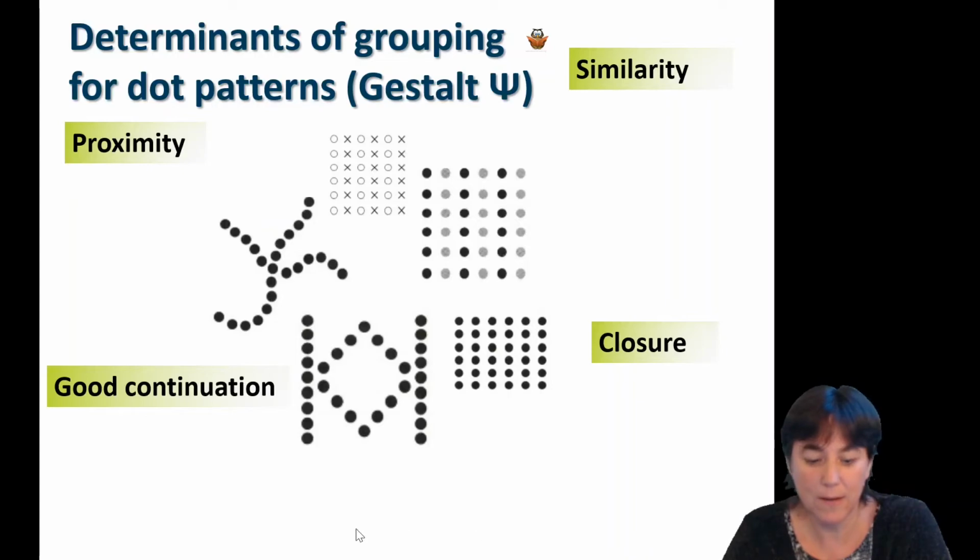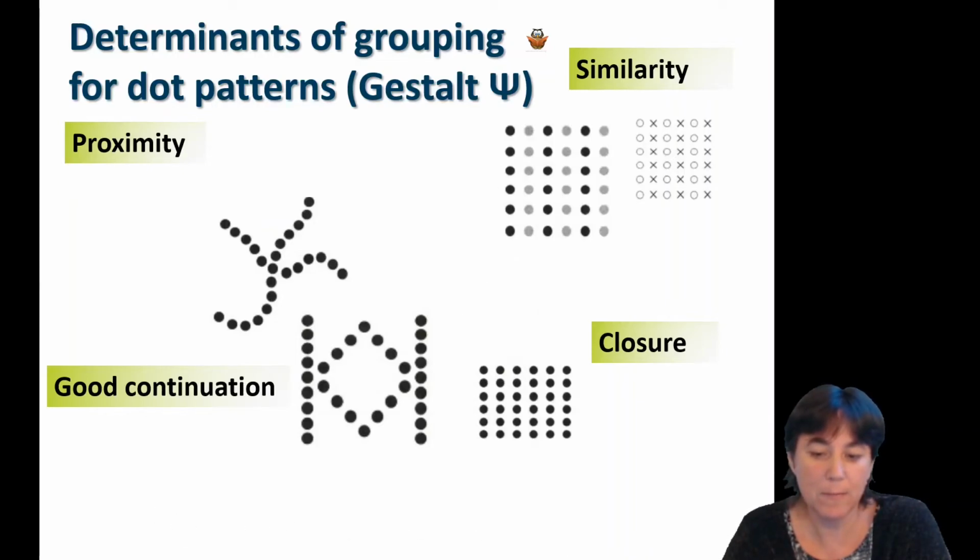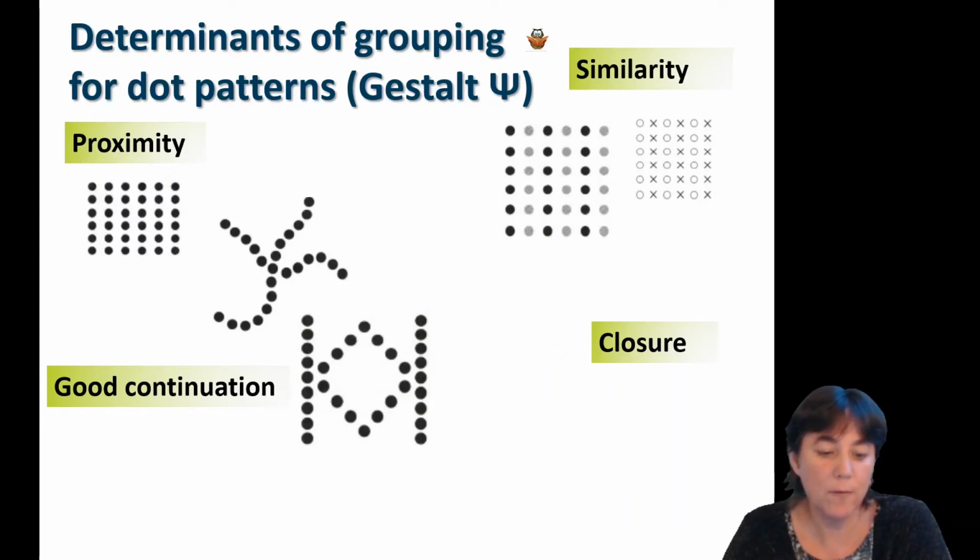So here, in this example, we have similarity, okay? These are good examples. And we have proximity, where we don't have these similar patterns, but we do have proximity, so we perceive these as dotted lines instead of just dots, just like the green picture I showed you.